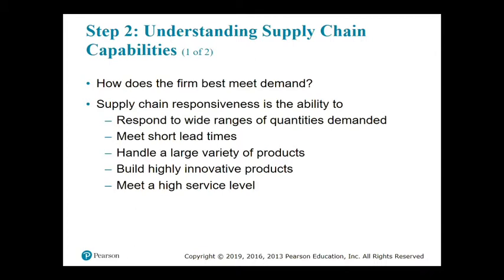Right, so then the question is, do we want to have a supply chain that is as responsive as possible? You know, push it to the farthest responsiveness possible.